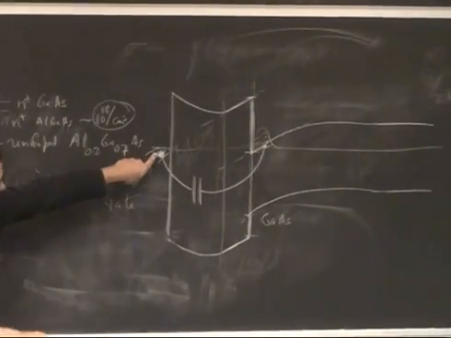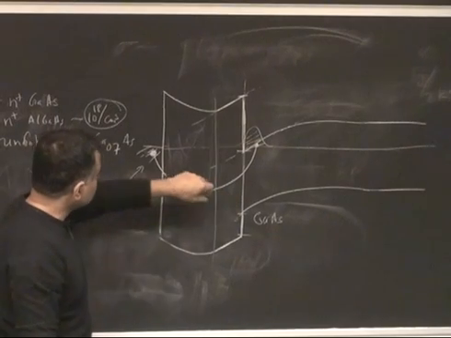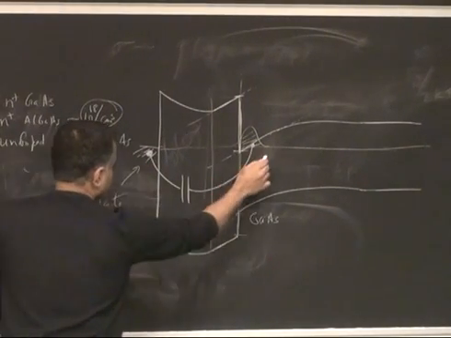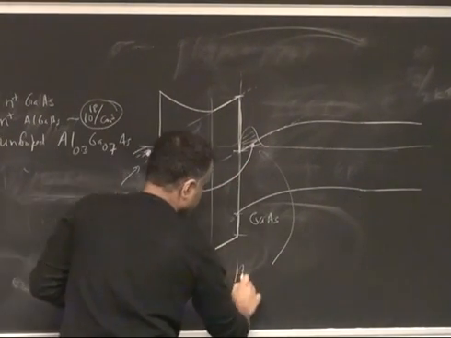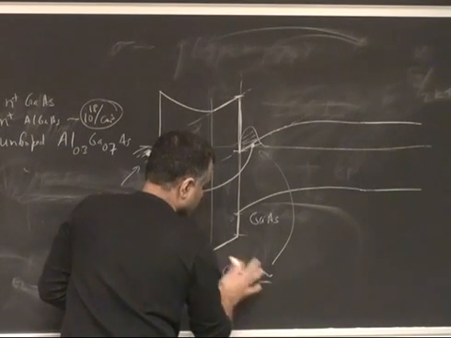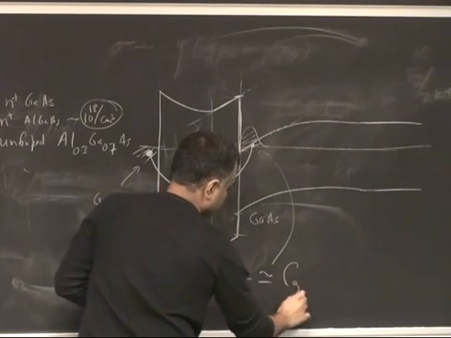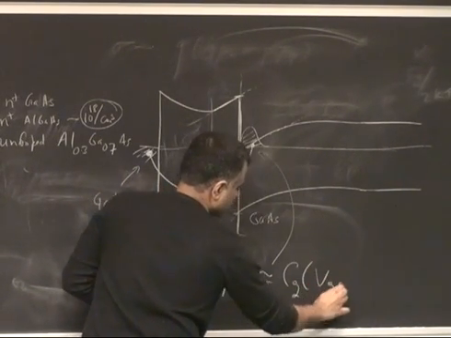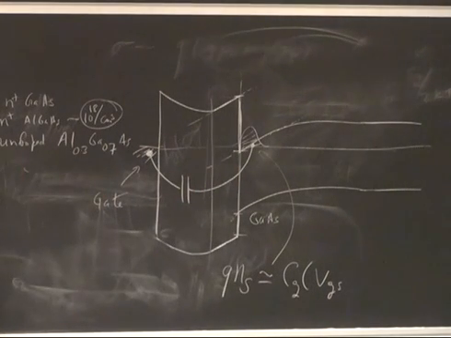So as I change the gate voltage, the amount of charge, let's say the sheet charge, is q times Ns. The charge in any capacitor is the gate capacitance times the gate voltage, right? That much you know. Charge in a capacitor is capacitance times voltage.